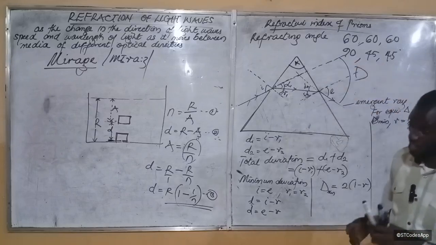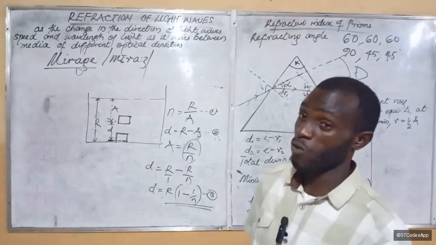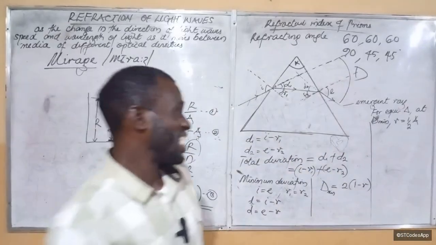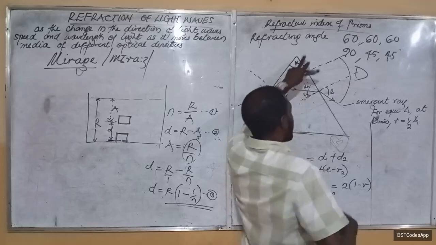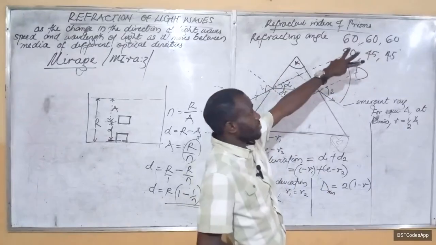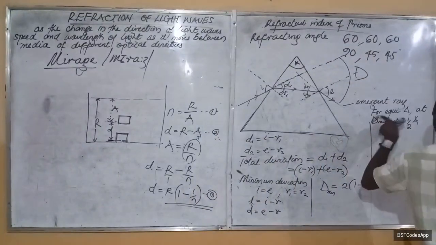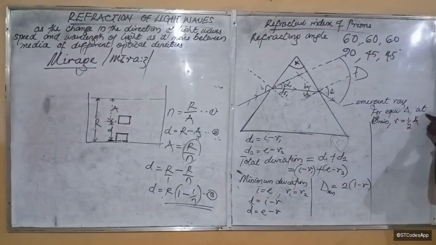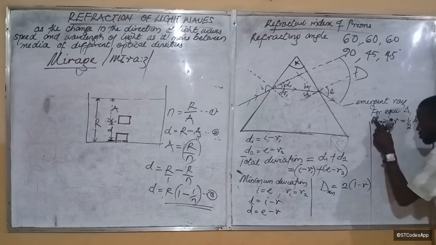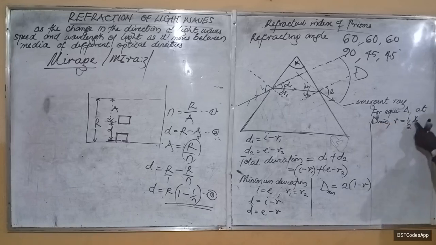That was what was experimentally discovered. That for a prism that is designed at 60 by 60 by 60, for such a prism, at minimum deviation, R will be equal to half of A. Does that make sense to you? R will be equal to what?